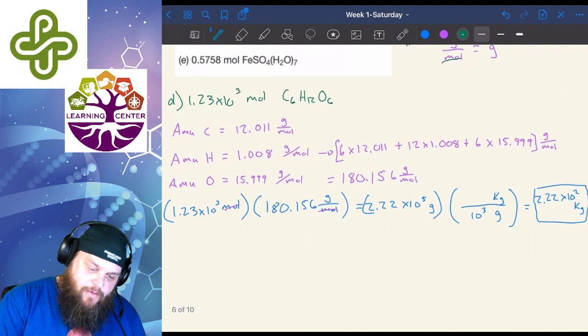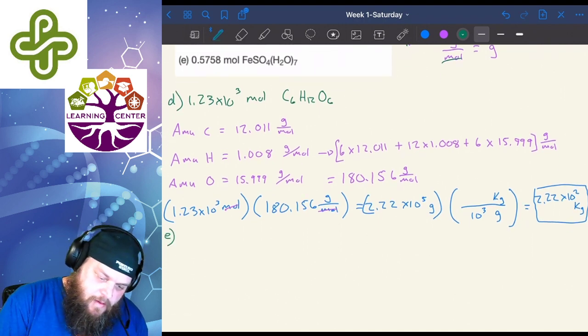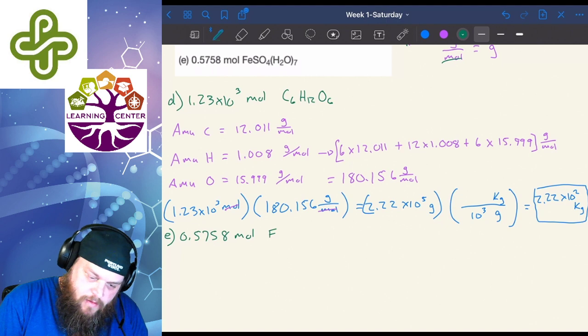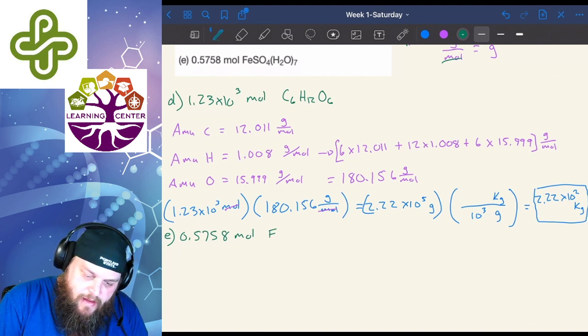Doing the same for part E, now we have 0.5758 mole of iron sulfate with water, FeSO4, and we have 7 moles of water in there.